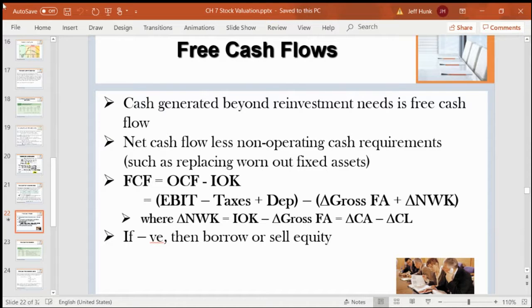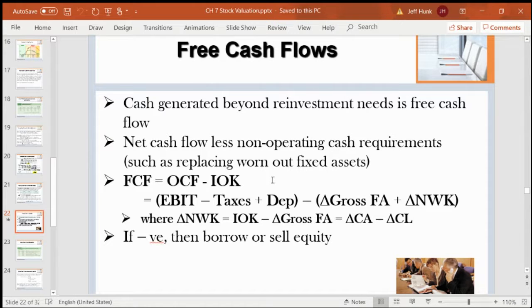The best definition is always the mathematical definition because it's indisputable, right? There's no room for any subjective interpretation. So the mathematical definition of free cash flow is like this. Free cash flow is equal to operating cash flow minus investment in operating capital.